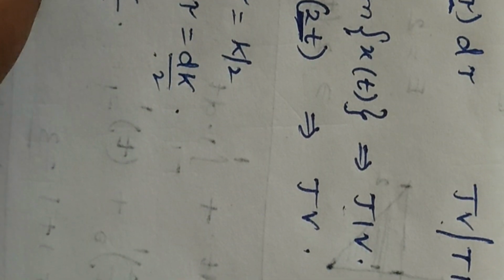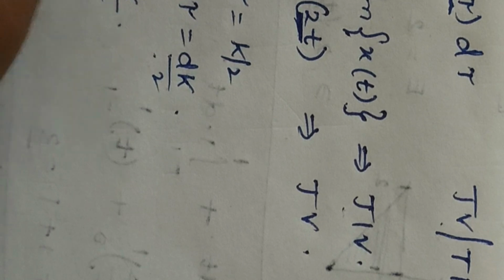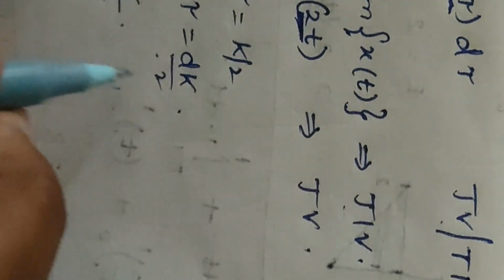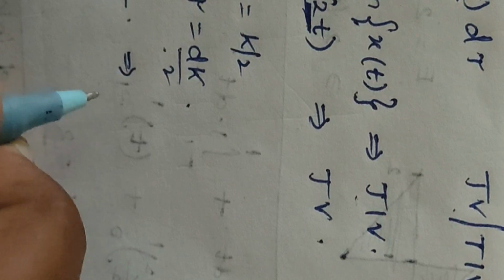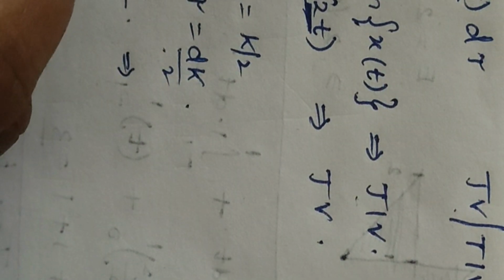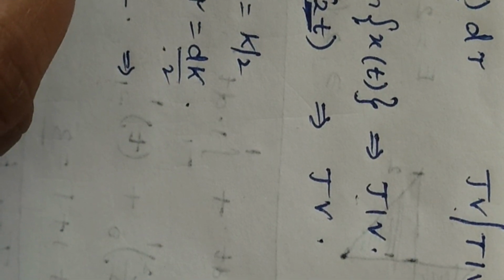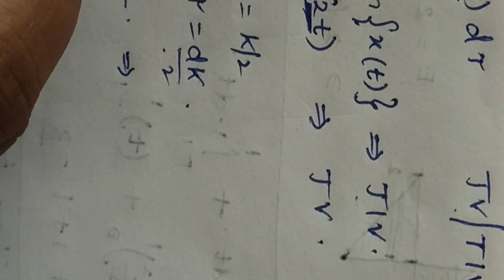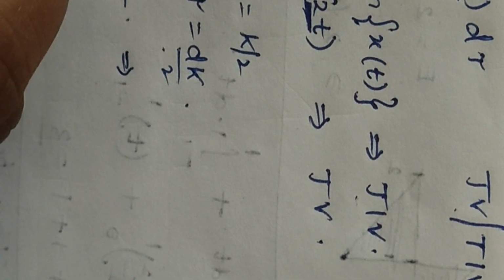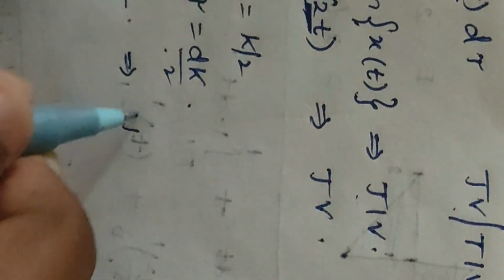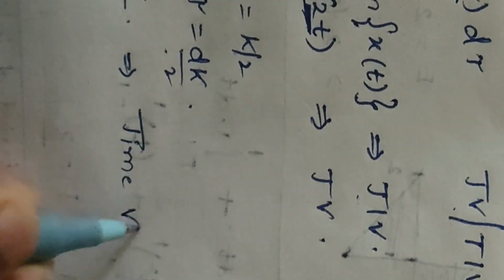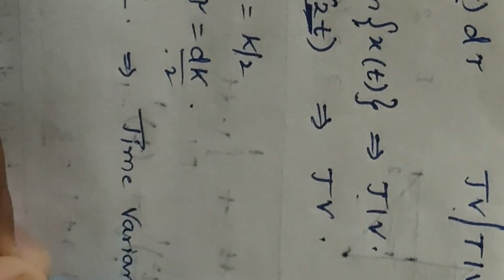Here the limits you will get as minus infinity to 2t. Here coefficient is multiplied by 2. If in any system, any integration, t is multiplied with any other number other than 1, then it is time variant.